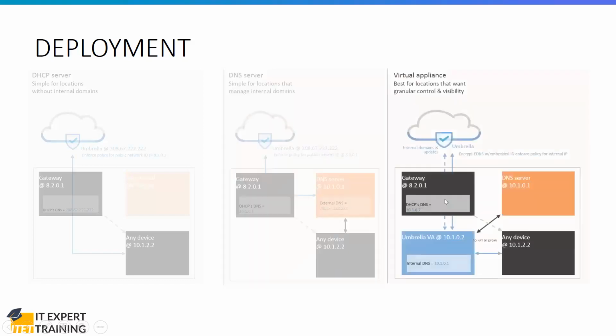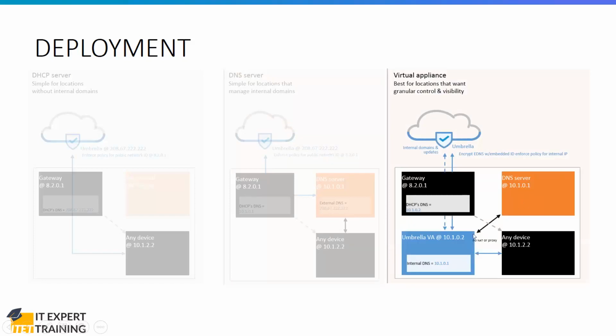internal domains. So the third one, let us say you have a DNS server which contains the local DNS resolution, like you have an internal DNS department and domain. So what you can do, you have the Umbrella VA, virtual appliance. Okay, for all your internal devices, the DNS request is going to Umbrella. Umbrella is the DNS server. From Umbrella, for any internal domains, it won't go to the cloud. It will go to your local DNS servers.